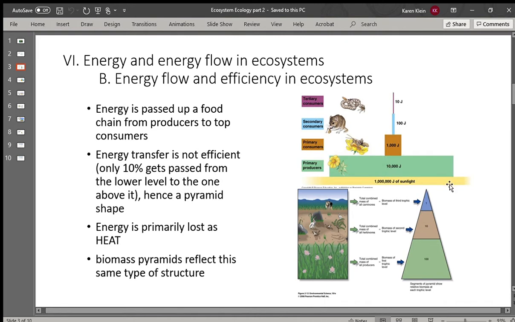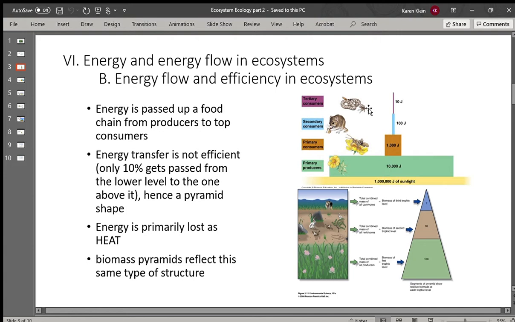It's why, when we have this tertiary consumer or top predator, it takes a whole lot of robust representation in the lower levels of the food chain in order to support one top predator, top consumer, tertiary consumer.